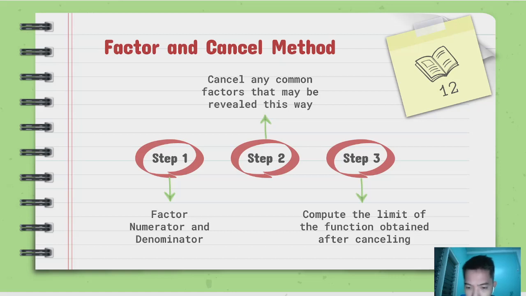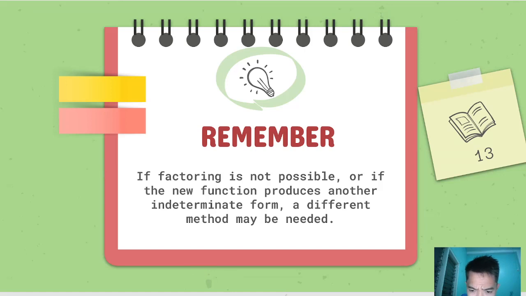Be reminded that if factoring is not possible, or if the new function produces another indeterminate form, a different method may be needed. So, if the numerator or denominator cannot be factored, then the factor and cancel method is not the fitting method to be used in determining the limit of the function.